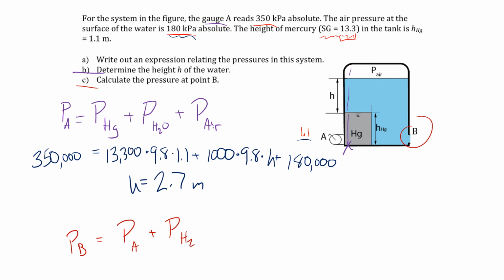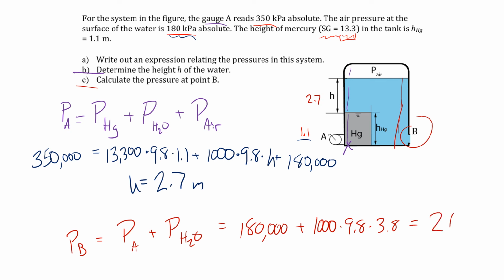Your pressure of air is the 180,000 plus water, which is rho, 1,000, times G, 9.8, times H, which is the whole enchilada here. So it's going to be 2.7 plus 1.1, we'll call it 3.8. All together, what you're going to get is 217 kilopascals. And there it is. Fun problem, ABC.